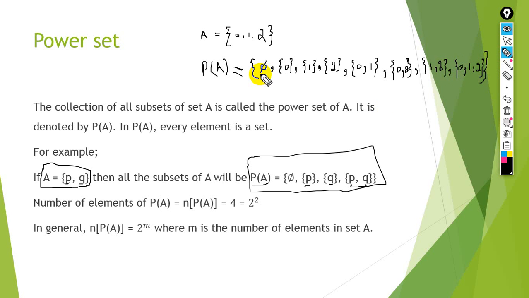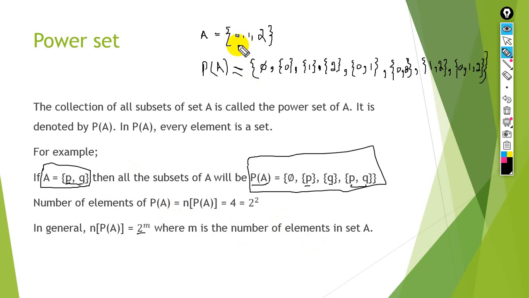Okay, so now how many sets can we make from this? 1 2 3 4 5 6 7 8. Eight sets are made. Here we have written a formula: if a set has m elements, the formula is 2 to the power m. Here m means the number of elements in a set.